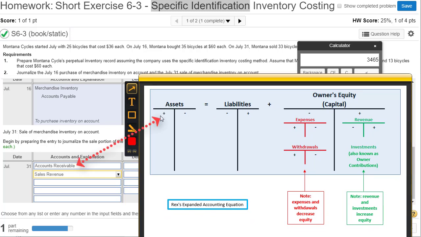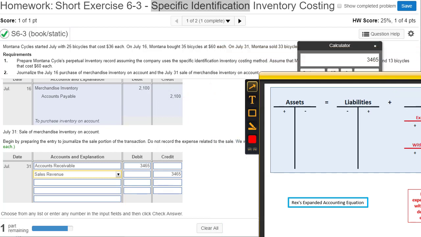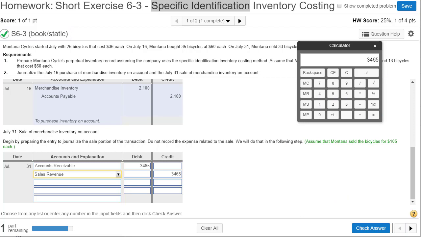Assets, the AR, increases on the left side, and sales revenue increases on the right side. And for the previous transaction, inventory, an asset, is increasing, so that's why we debited inventory here. And liabilities, AP, increases on the right side. Now we need an explanation to record sale on account.